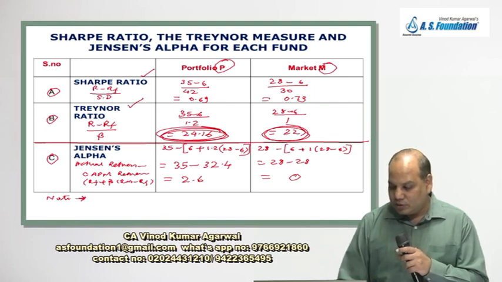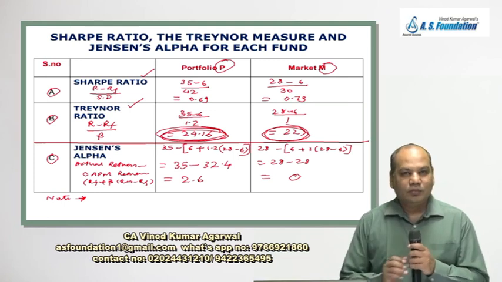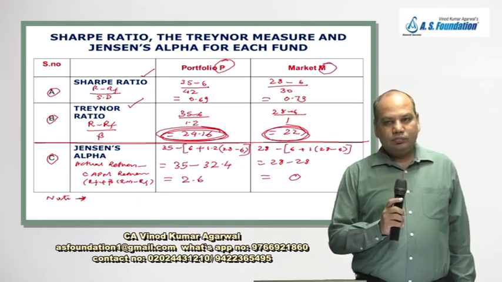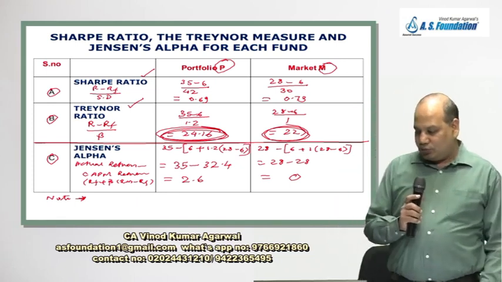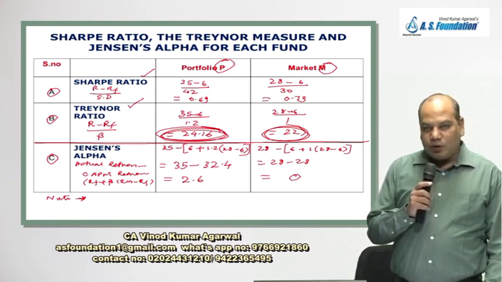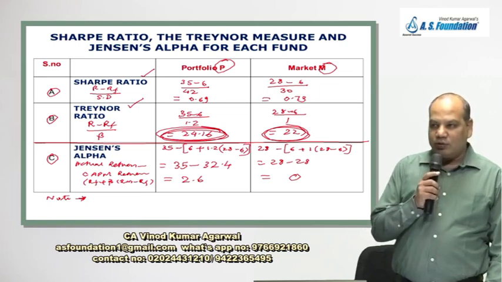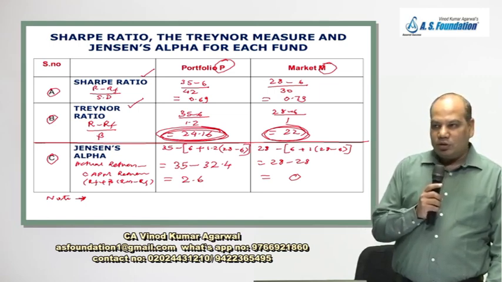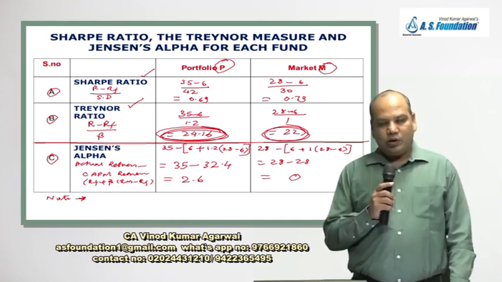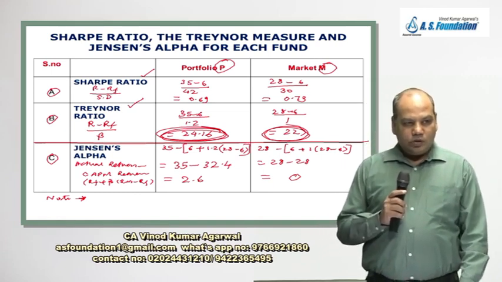So the note will be: under Treynor measure of performance, portfolio P has outperformed the market. Is it right?